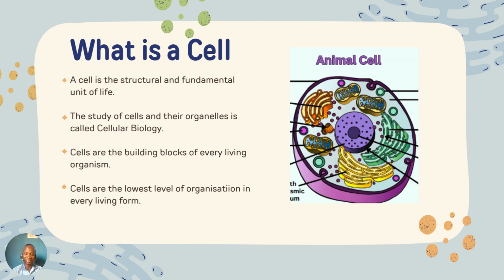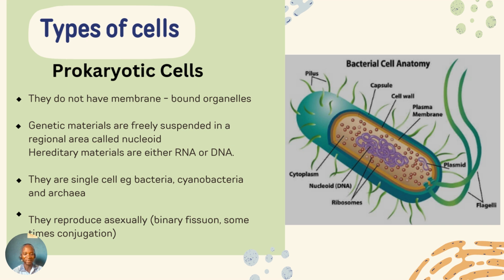So, for life to exist, cell must exist. For life to be in an individual, there must be life in the individual cells. Which means before you can say that someone has died, each individual cell of that person has packed up.